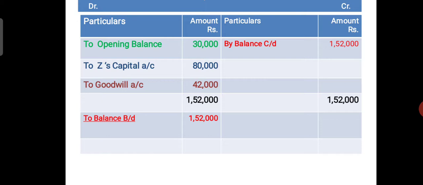To that we add new partner's capital amount 80,000 and his share of goodwill 42,000. Then we will get the closing balance 1,52,000, and balance carried down 1,50,000 and balance brought down 1,52,000. So this 1,52,000 amount will be shown on the asset side of the balance sheet.